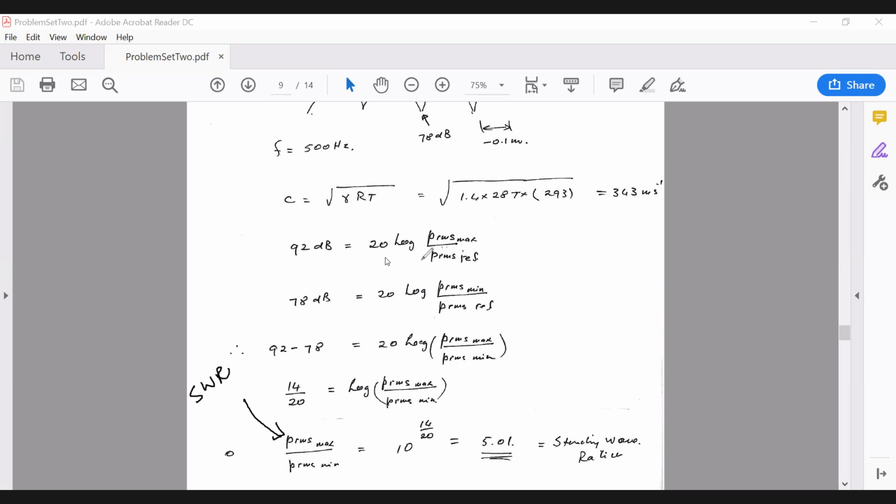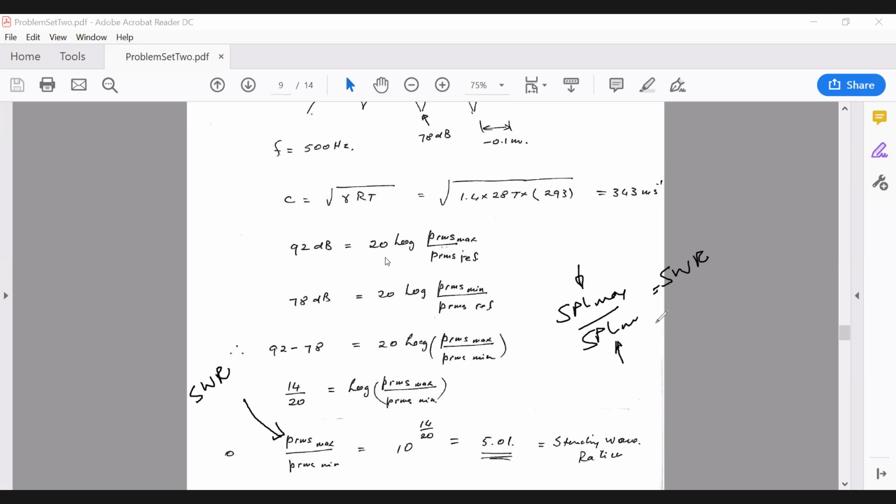All right, and you can't just simply use SPL max on SPL min to give you your standing wave ratio, because it's just not right, because this decibel is kind of like a fun unit.